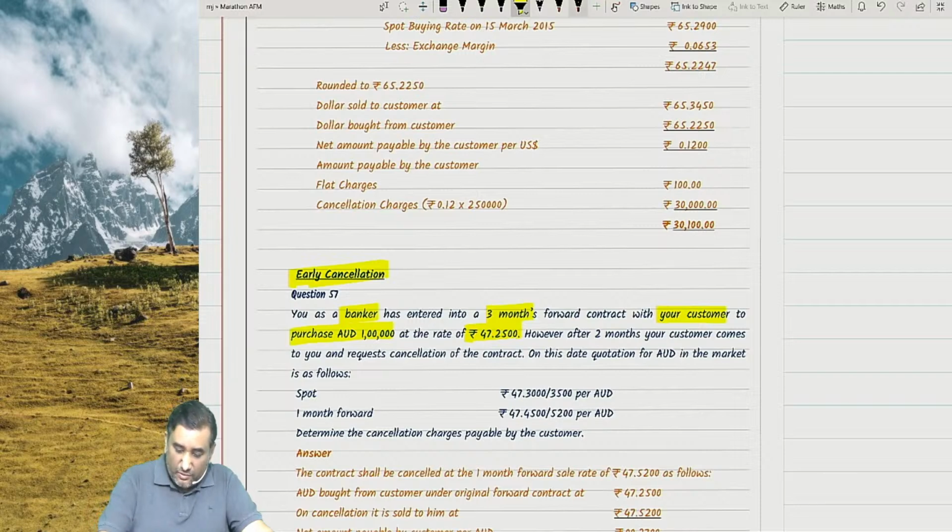That means the bank has done the contract to buy, and the customer has done the contract to sell.